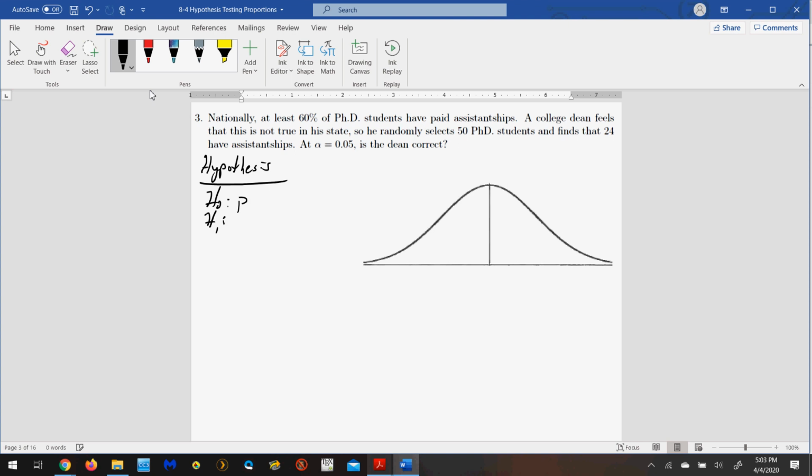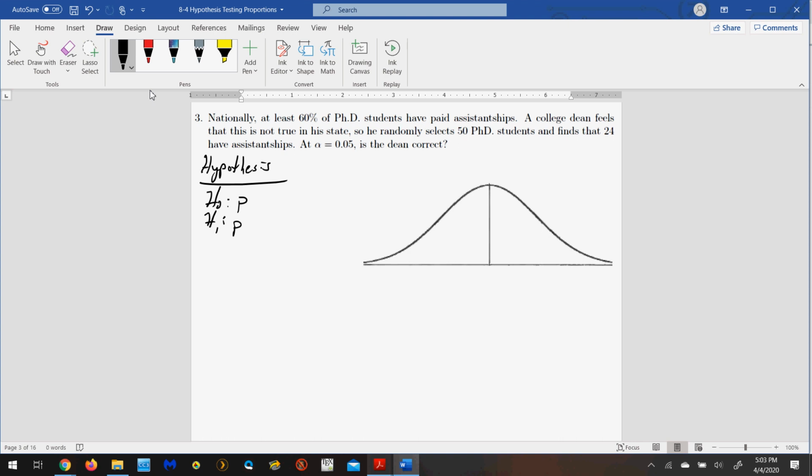I am given a percent, so I know this is going to be P. And what claim are you to test here? Well, the dean feels that it is not true of at least 60% in his state.